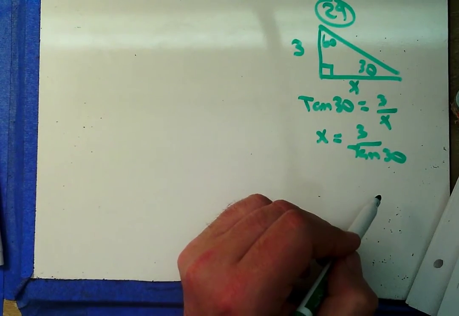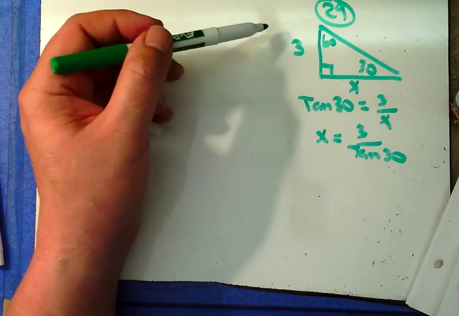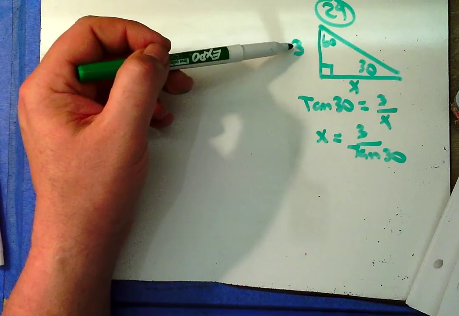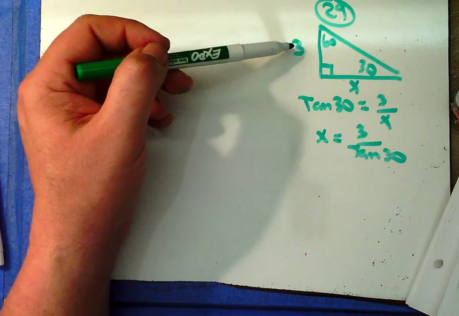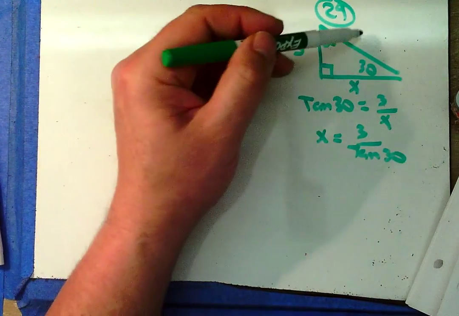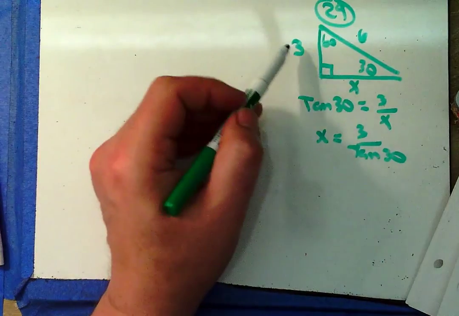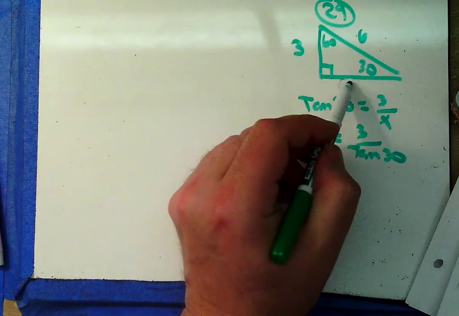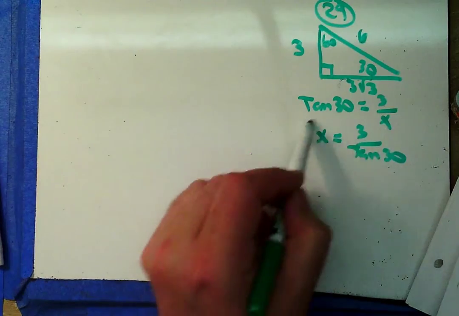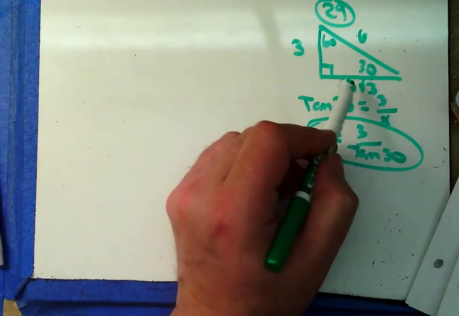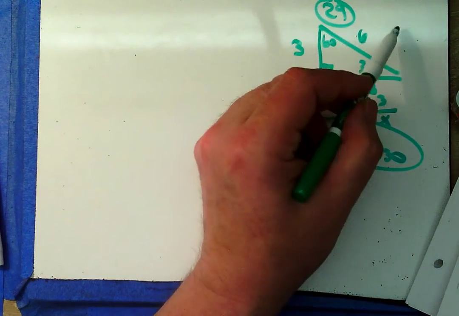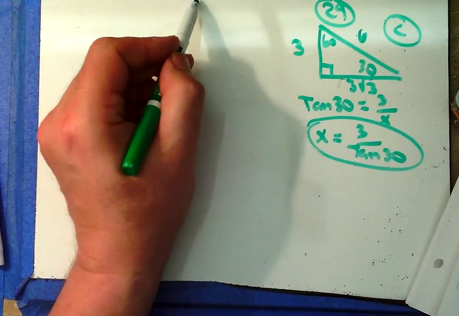But myself, I would prefer to remember my shortcuts. Remember, the short leg times 2 in a 30, 60, 90 right triangle will give me the hypotenuse, but the short leg times root 3 will give me the long leg. So this is 3 root 3. I'll get there eventually with the trig, but that's a lot faster to remember that recipe. So I've got choice C.